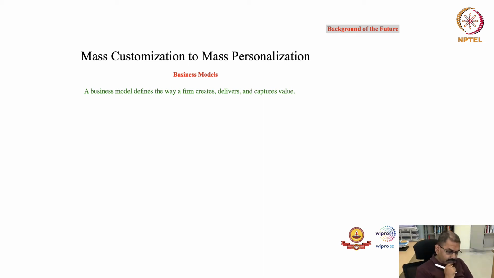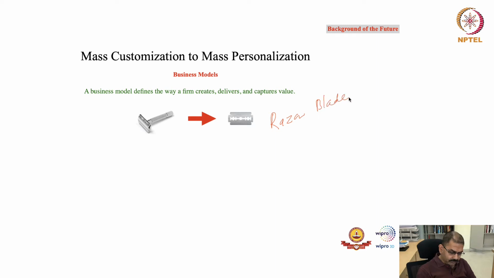So a business model defines the way a firm creates, delivers, and captures the value. Right. So the classical example is always the razor blade. Some companies, you may be aware, actually sell the razor at a pretty low price, but the blades may be very expensive.